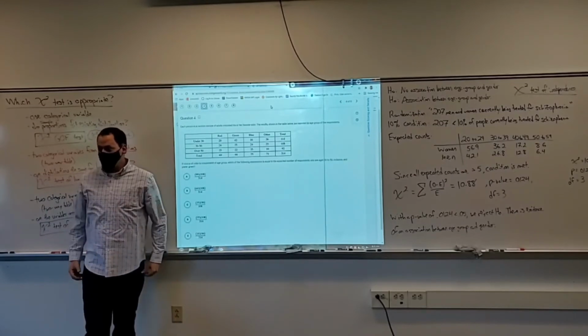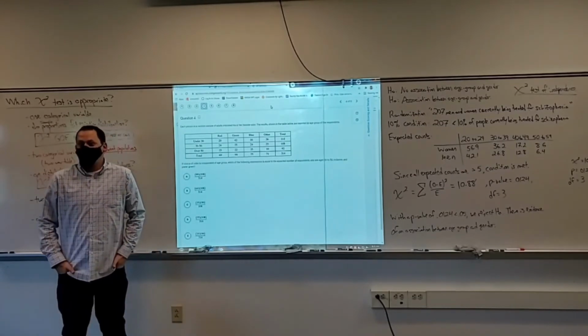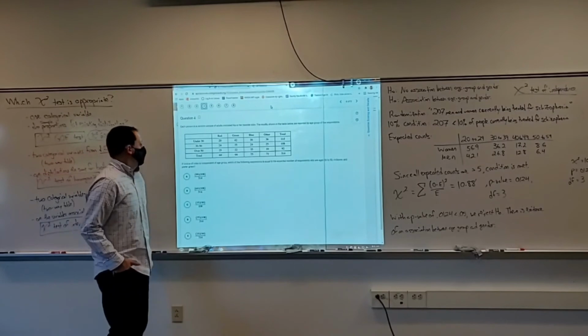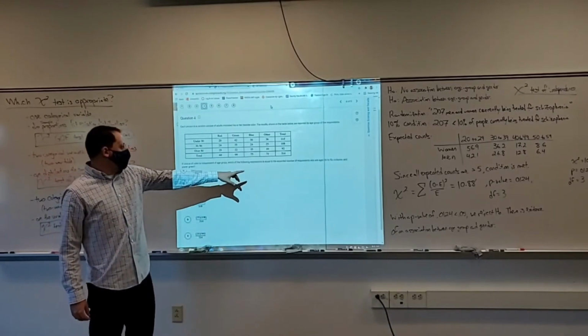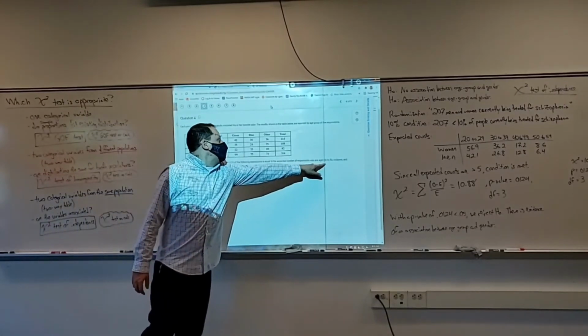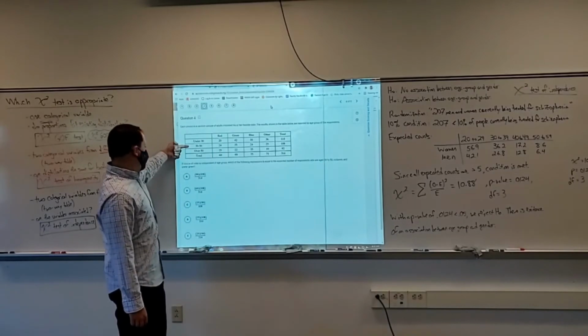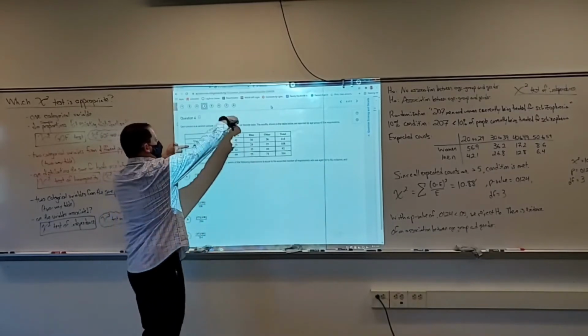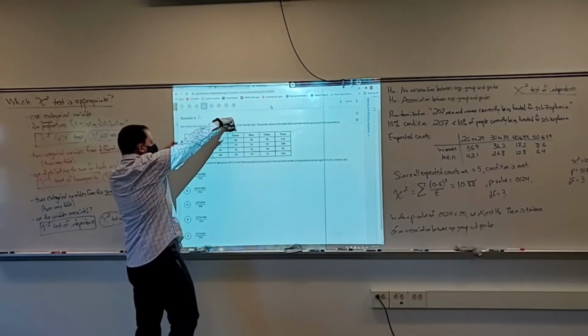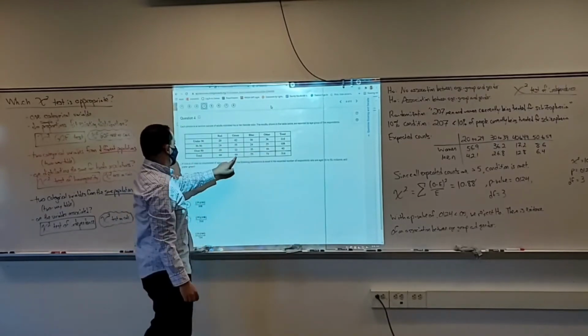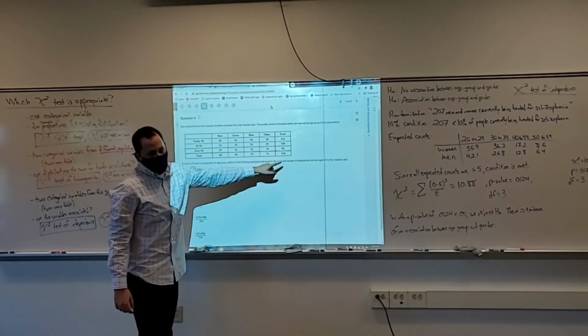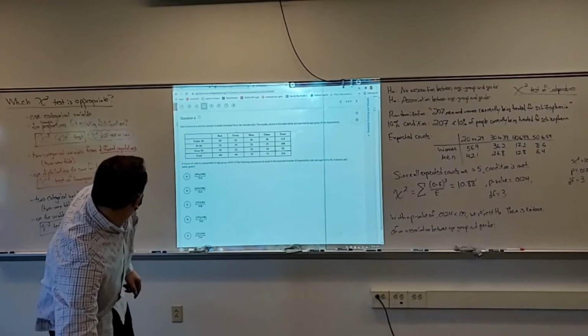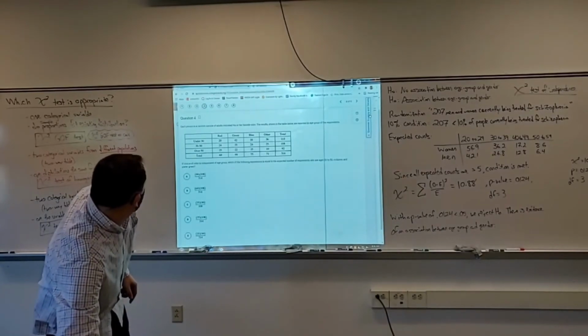It is row total times column total divided by grand total. So if we're looking at age 30 to 50, that's this row, and preferred green, that's this column, we're going to take 108 times 99 and divide by 314. That's going to be A, I believe.